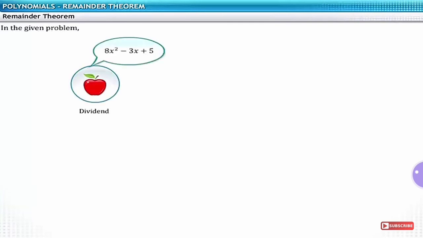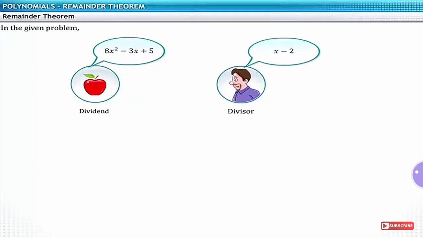Let's now apply the theorem to solve our problem. In the problem given at the beginning of this lesson, the dividend is equal to 8x squared minus 3x plus 5, and the divisor is equal to x minus 2. Let P of x is equal to 8x squared minus 3x plus 5.